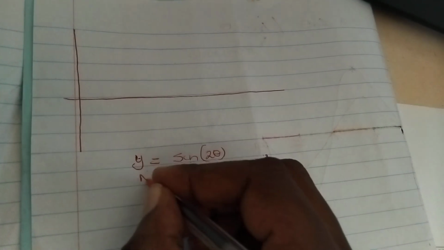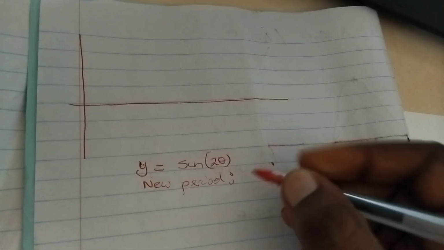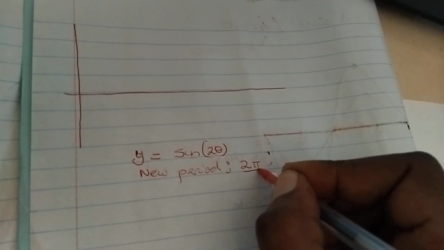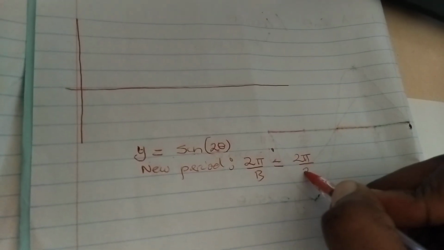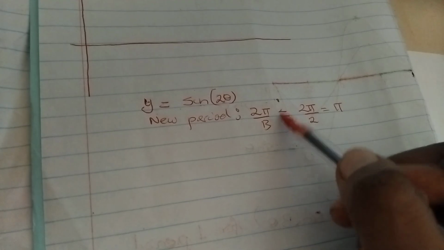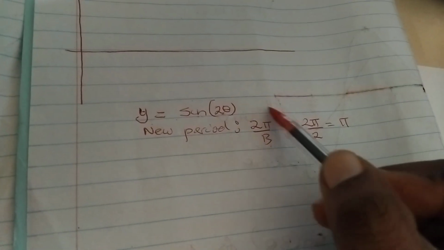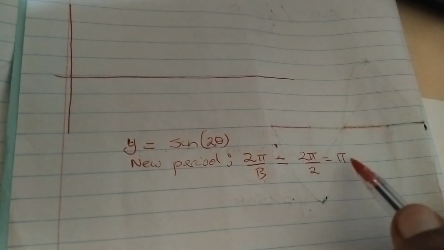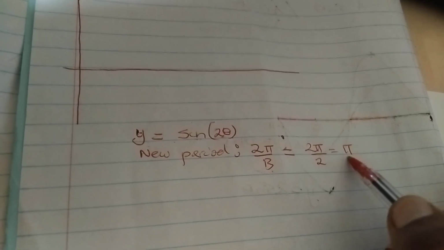So our new period would be 2 pi over b, which is 2 pi over 2, which is pi. Yes, you're always going to divide 2 pi by b. You're going to start here for each function that you are given. Right. So this says to us that our new wavelength is pi.